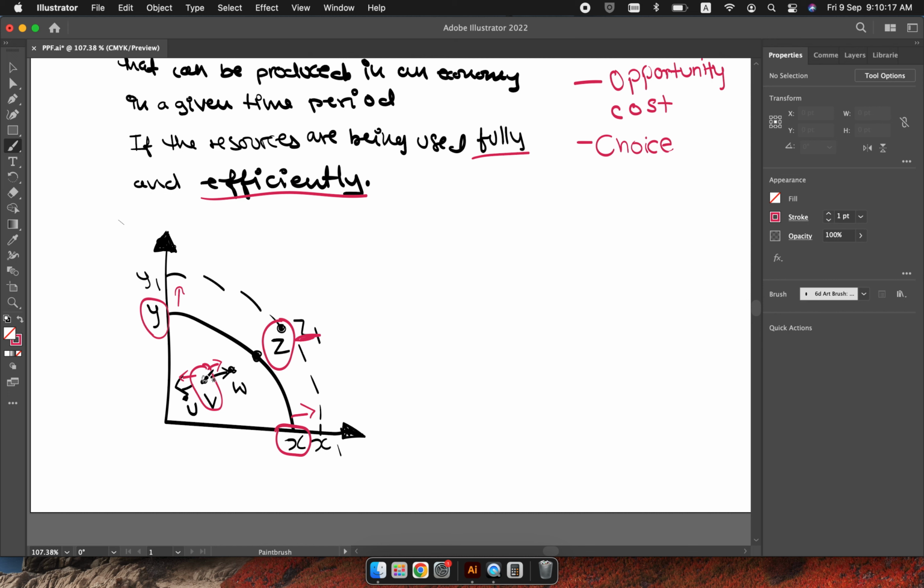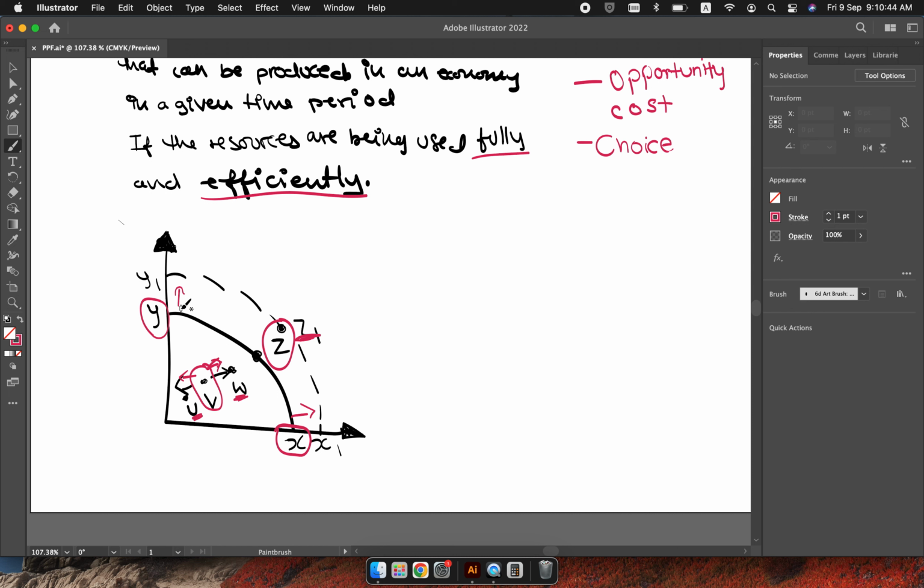We then have point V, which is where most economies would lie, and if there was economic growth, we would then progress to point W, which is closer to the curve. If there was some sort of war or natural disaster, then we would go down to point U. Point Z1 is an unattainable point as it is a point outside the curve.